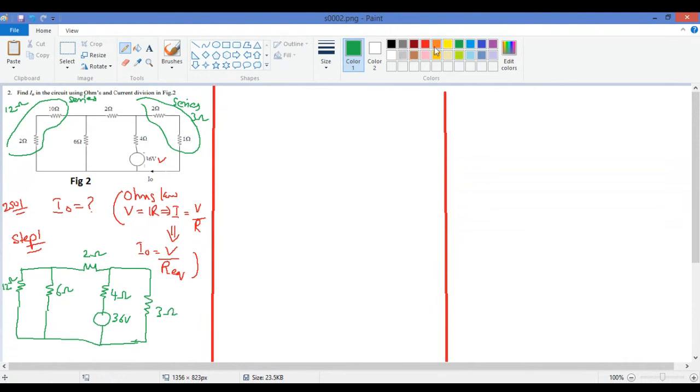Now again, you observe here, you see this 12 and 6, they are parallel, correct? They are parallel, and he has given that this is I naught.